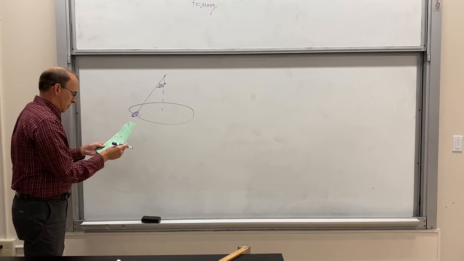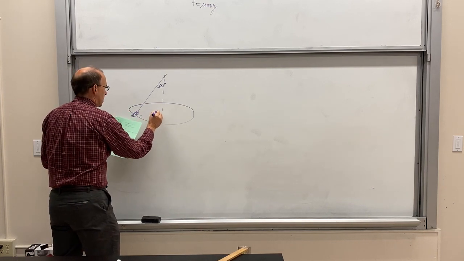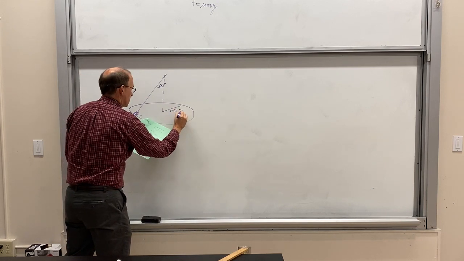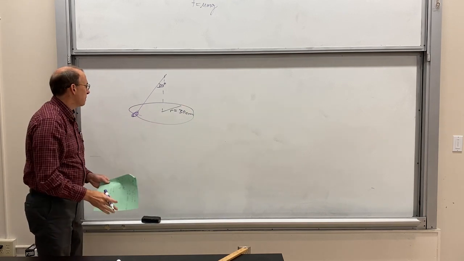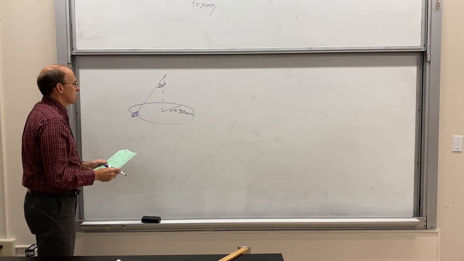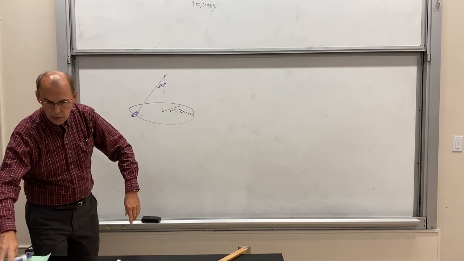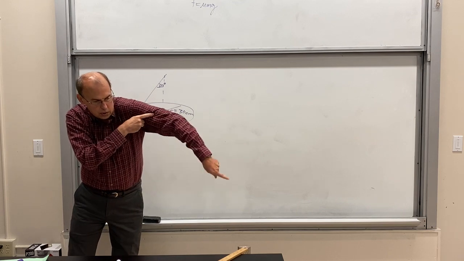And I want to know the velocity if this radius is 30 centimeters. So about like that, so that this just goes around in a nice circle. So you've got a string down like that, and this is going around like that.